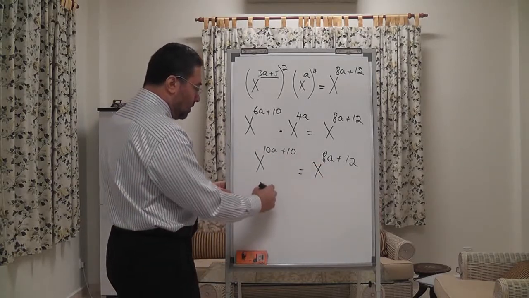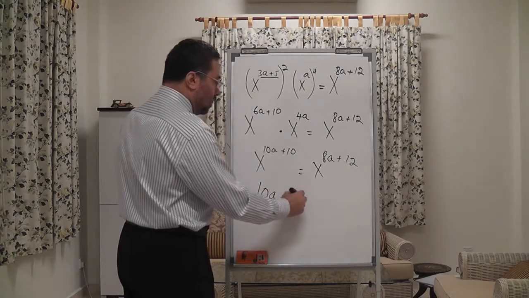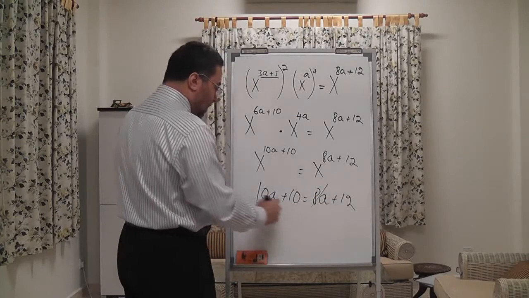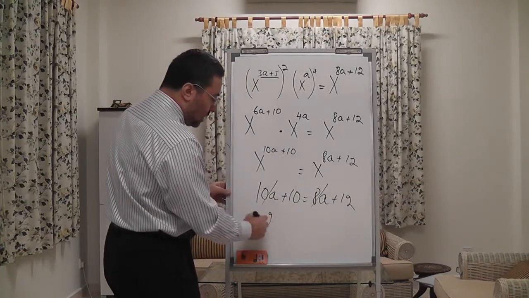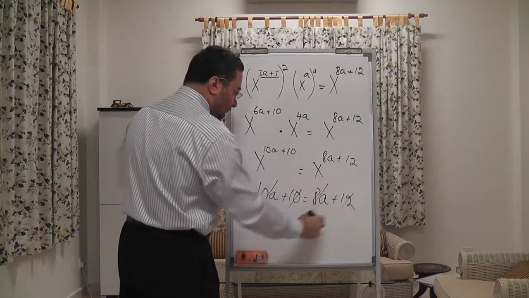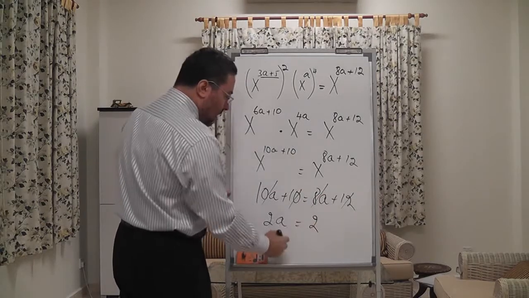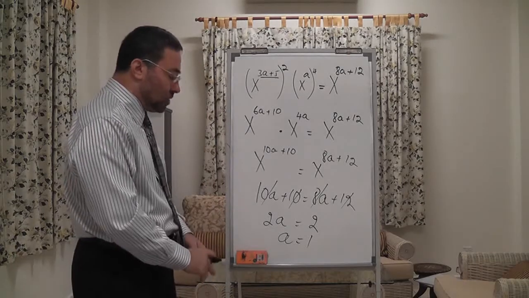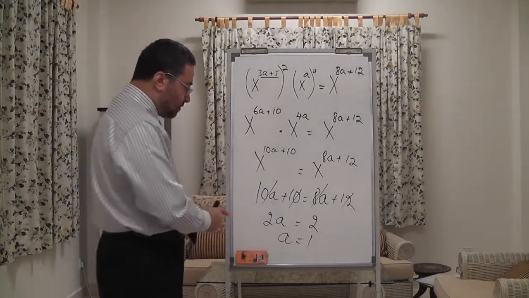So 10a plus 10 equals 8a plus 12. Drop 8a from both sides, we get 2a, and remove 10 from both sides, and we get 2, and a equals 1, dividing by 2 at this stage. And that's the answer.